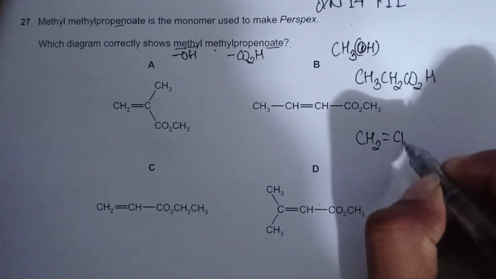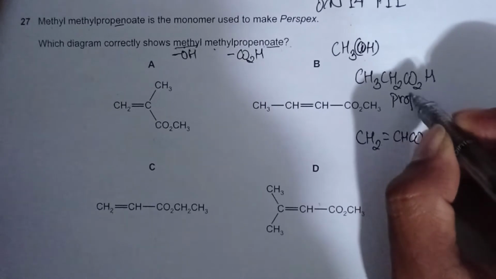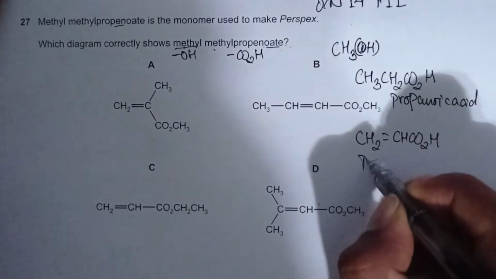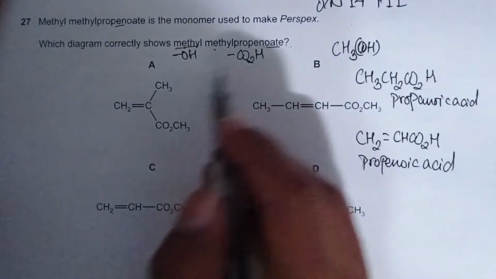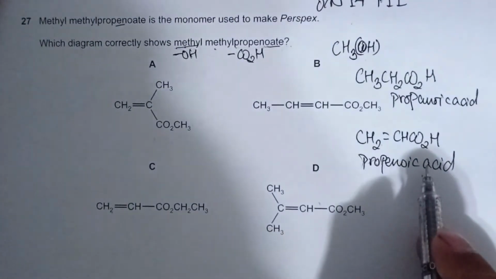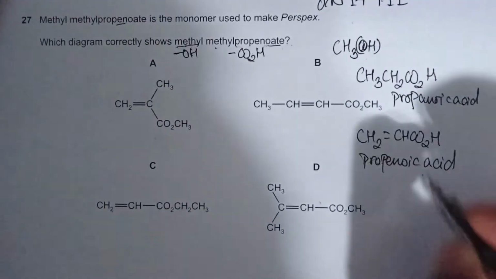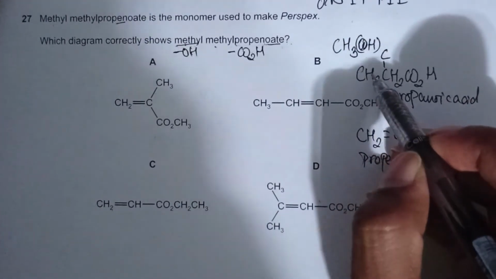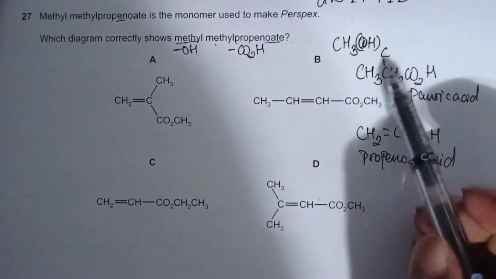Propenoic acid would be CH2=CHCO2H. This should be the acid, because in the question we are dealing with propenoate. Methyl propenoic acid would be when we add a methyl here, because the question has not mentioned 2-methyl or 3-methyl, as it's obvious where the methyl group should be added.